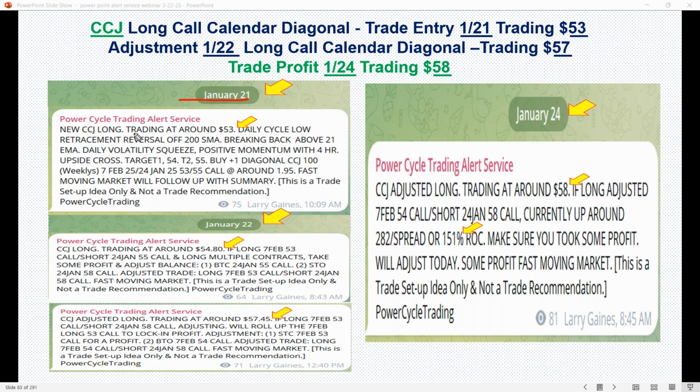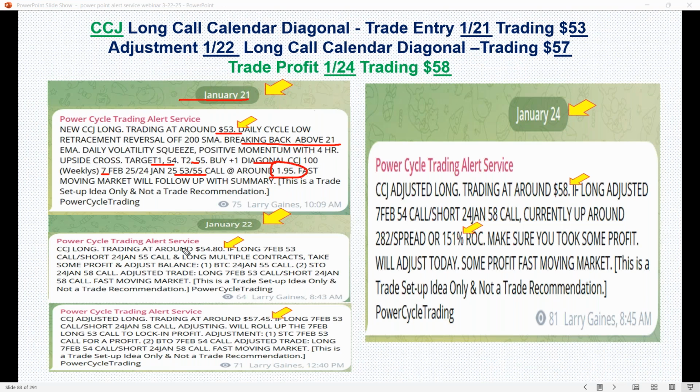Here's this new CCJ long trading at 53, daily cycle low, retrace reversal off 200, breaking back above the 21, daily volatility squeeze, positive momentum, target 54, target 55. So this is a very low risk trade when we set it up. Here it says do the diagonal, 7 Feb long, 24 Jan short, 53.55 at around $1.95.